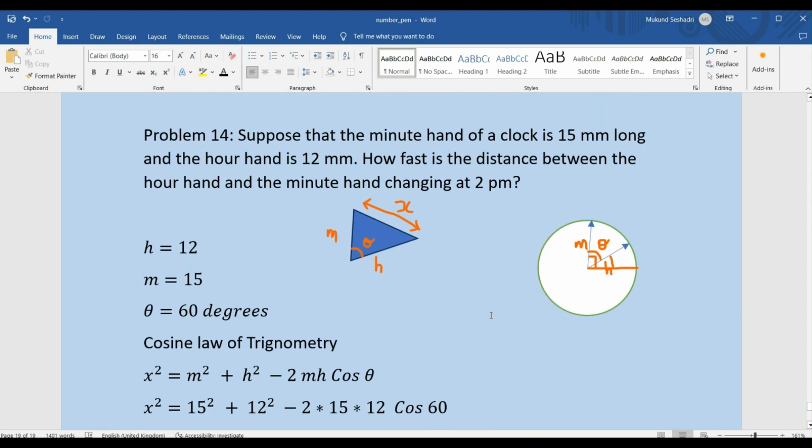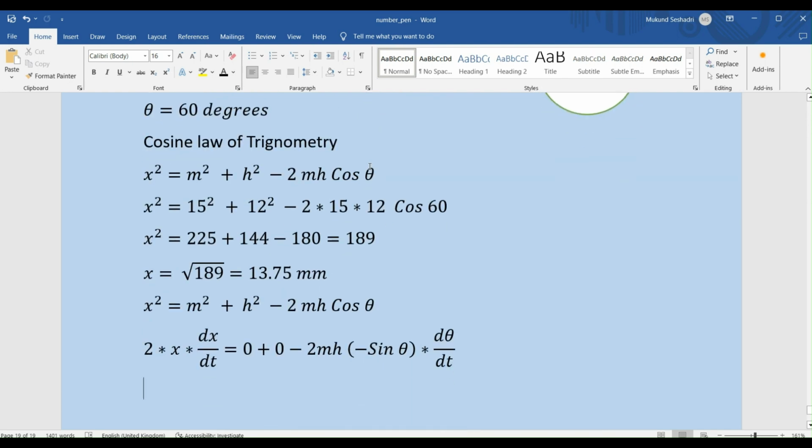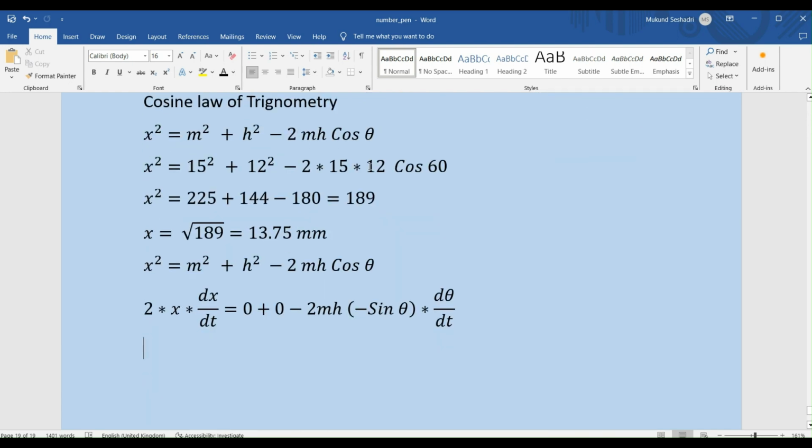And what's the question we have in our hand? How fast is the distance between the hour hand and the minute hand changing at 2 p.m.? So all that we need to find out is dx by dt, right? So I'm going to rearrange this equation.